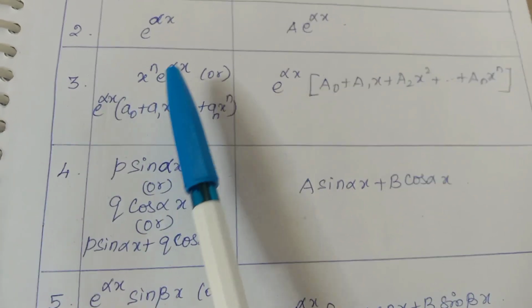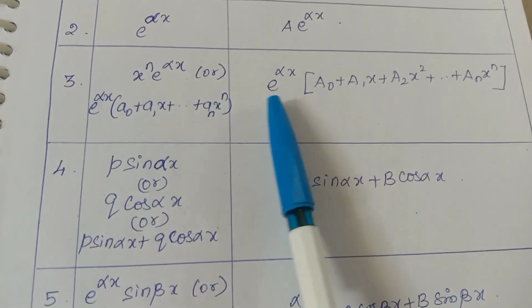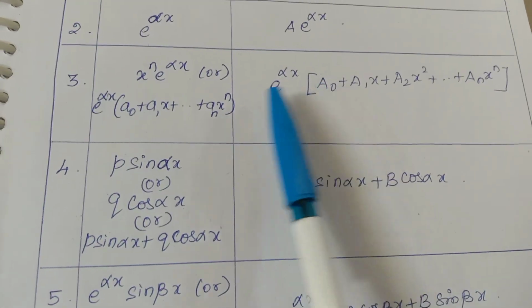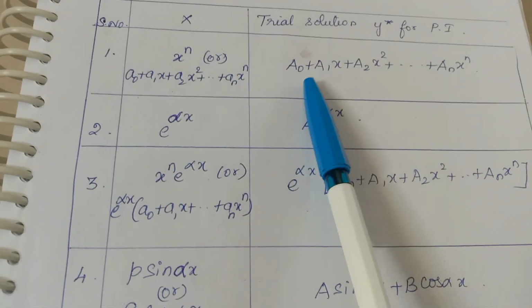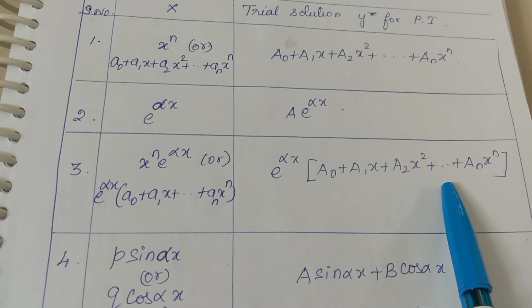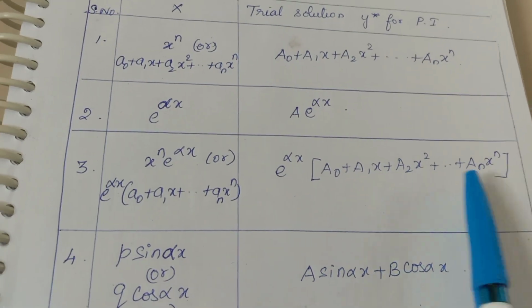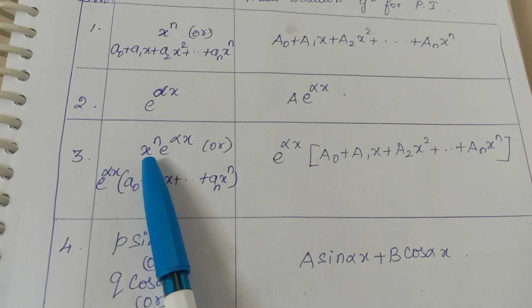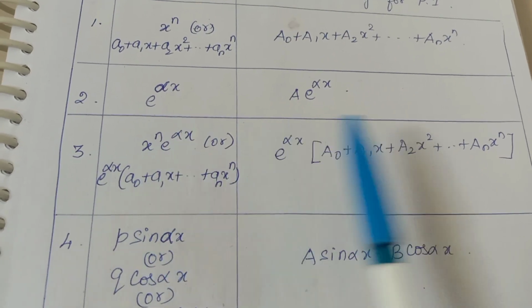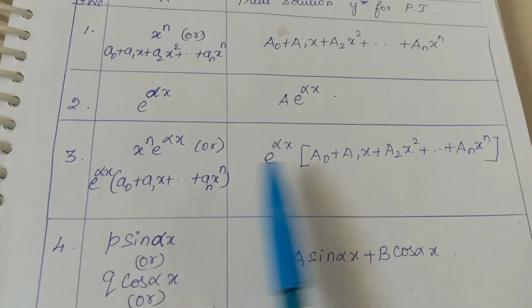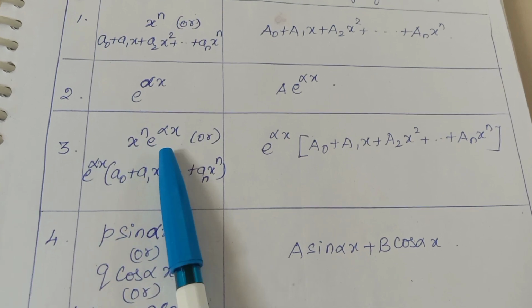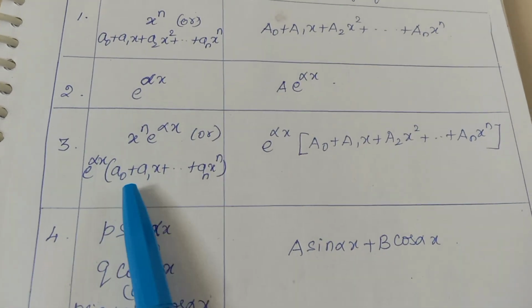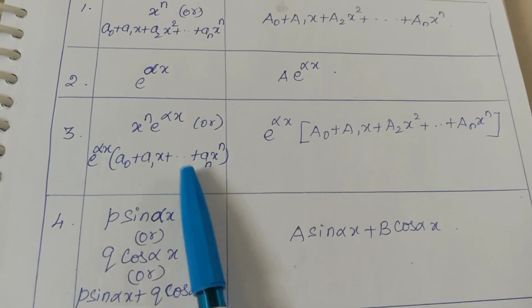For both these cases, the trial solution will be e power alpha x times, for x power n, a0 plus a1x plus a2x square plus etc., written up to the highest power of x appearing in the right hand side. So this is when it is of the form x power n into e power alpha x, or e power alpha x into a linear combination of powers of x.